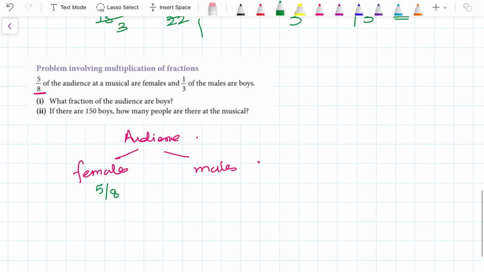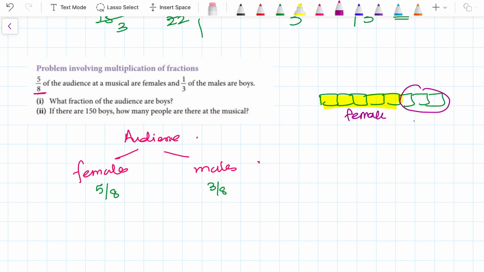So automatically 3/8 will become males. Basically there are 8 portions, out of which 5 of them are females. So automatically the rest of the 3 becomes male.